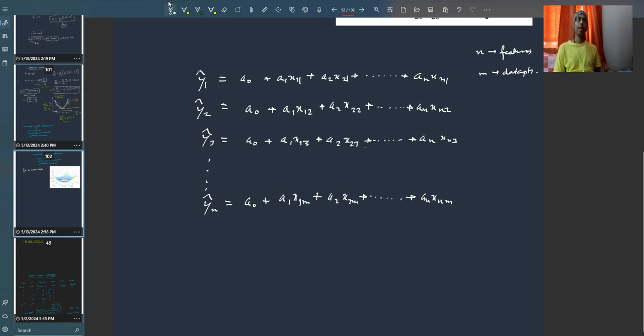Now parallelly you have to remember, guys, we also have the actual values of y. We have y1, y2, y3 up till ym. For now we will ignore the actual y's. The only thing we are concerned about is y hat, the weights and the features, and how to equate them.